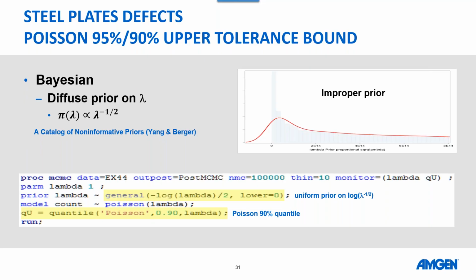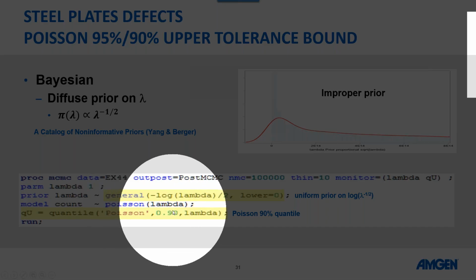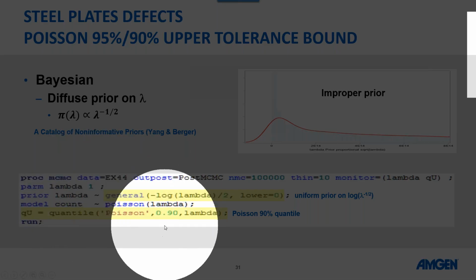Exactly. So remember, we're doing the Bayesian approach. We have a likelihood, which is Poisson lambda, and now we put a prior on that parameter lambda. That's the information that we bring in. In this case, it's a non-informative improper prior. But yes, it is the same thing. This is the likelihood, Poisson lambda, and now we put in a prior on that lambda.